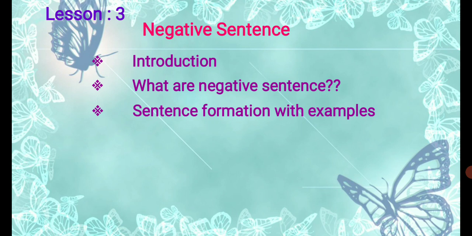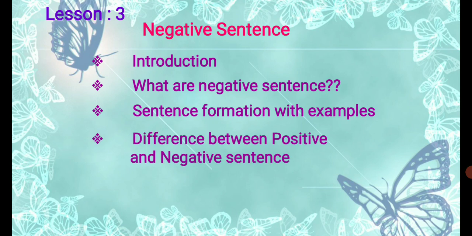Then we see the difference between positive sentence formation and negative sentence formation with examples to get more clarity. And then after learning the sentence formation, we'll see the difference between positive and negative sentences to get better understanding.